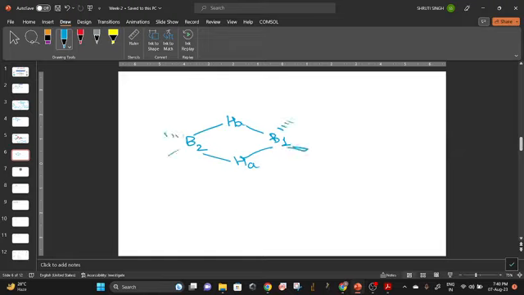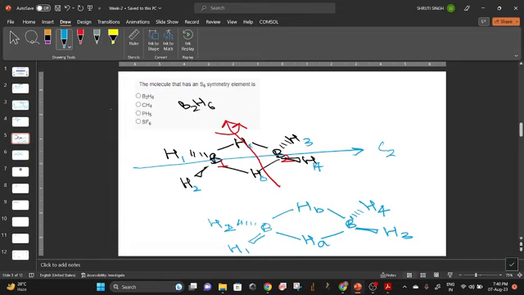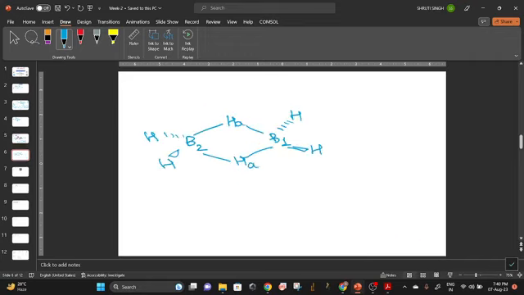And what will happen to these H? What will be the numbers? The 3, 4 on the right hand side will come to the left hand side. 3, 4, and here 1 and 2. Okay, so this is one more C2 which moves the molecule in the plane itself.